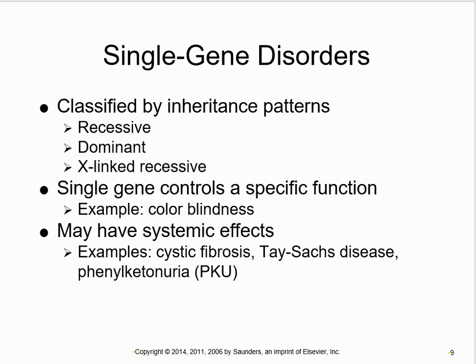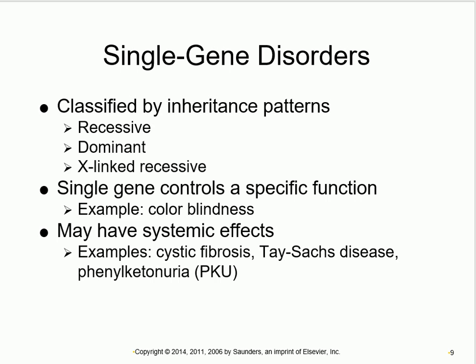If you're having an issue with this one, it can be recessive or dominant, or if it's in number 23, that will be the X-linked one. So you're talking about a single gene that's controlling, like, the gene that's supposed to give you the ability to see colors. If this gene is affected, you get color blindness, for example.